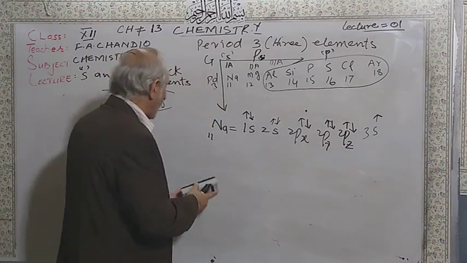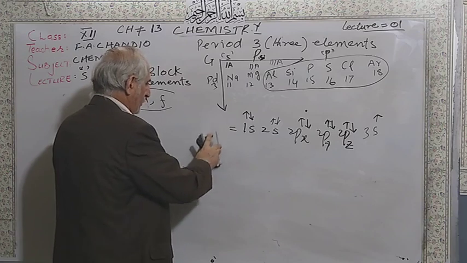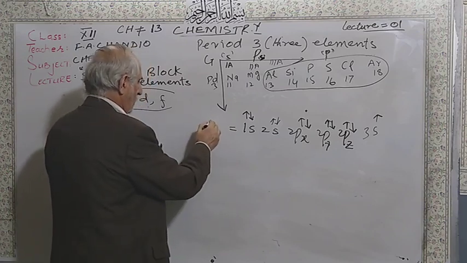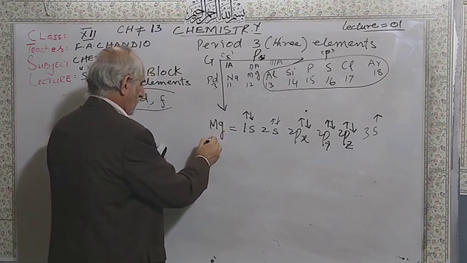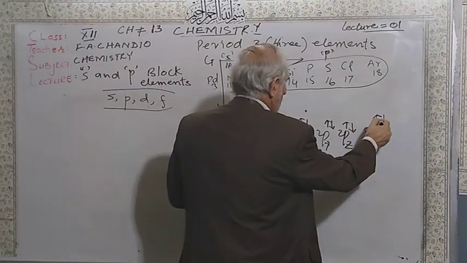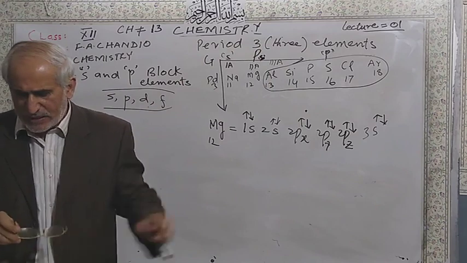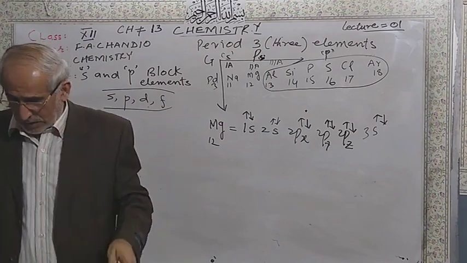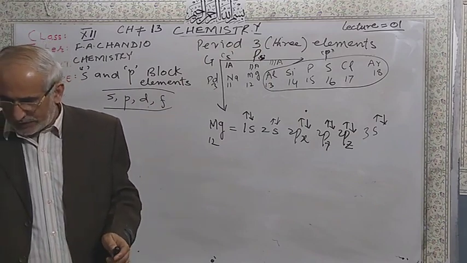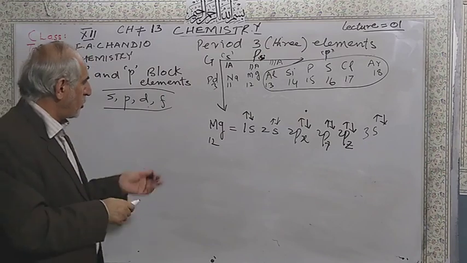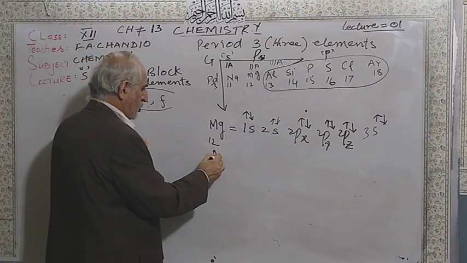The electronic configuration of magnesium is this one. Write down the electronic configuration of aluminium. So this is very simple. A very simple question is asked.